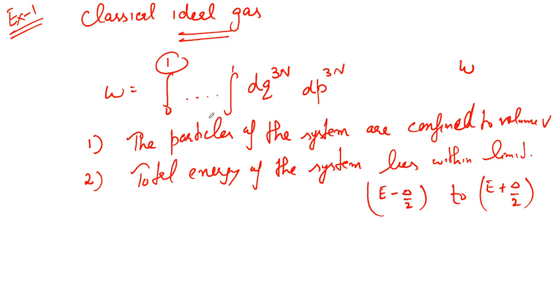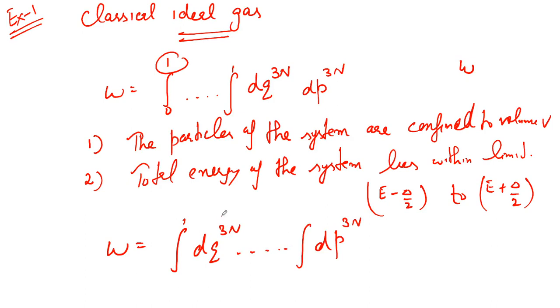So we need to find out the Hamiltonian for this case, which is a function of p_i alone, and the integration over q_i, that is along the position coordinates, can be carried out straightforwardly. For the value of this volume, we can write out the position and momentum coordinates separately.